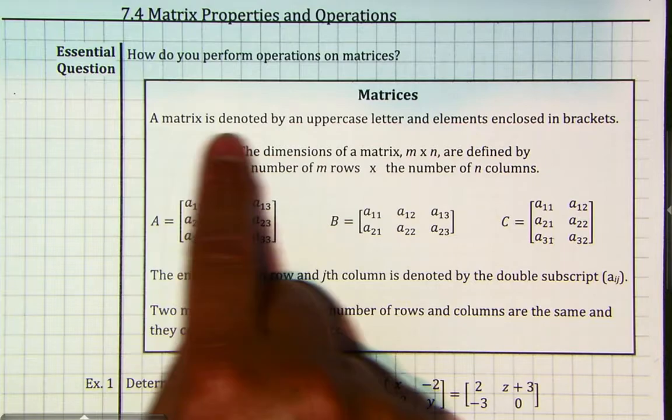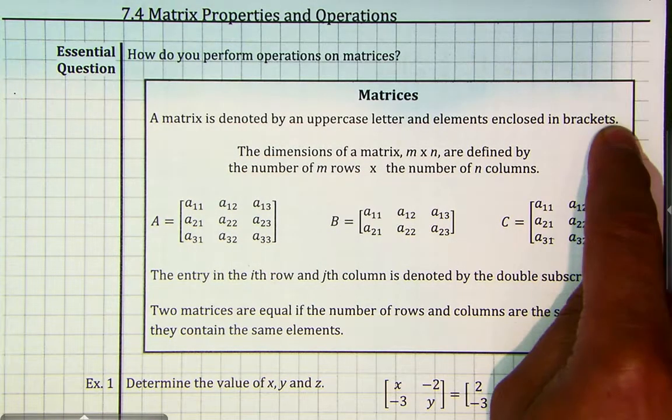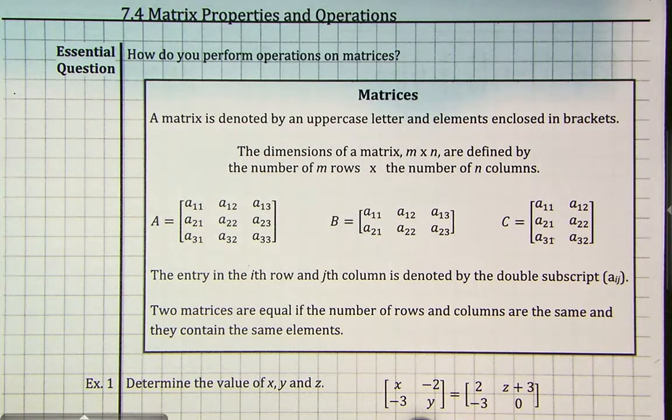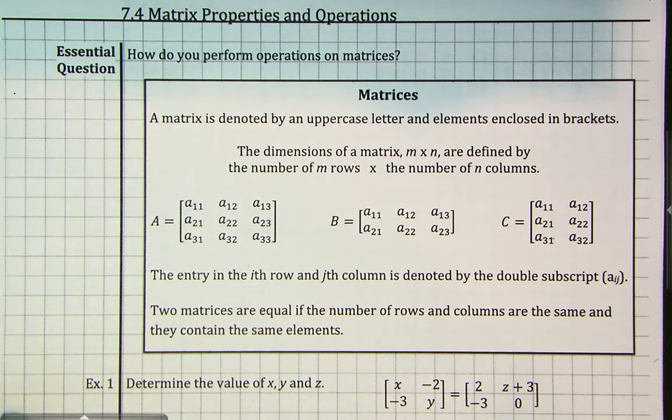Matrices. A matrix is denoted by an uppercase letter and elements are enclosed in brackets, such as the ones given below. The dimension of a matrix is m by n.